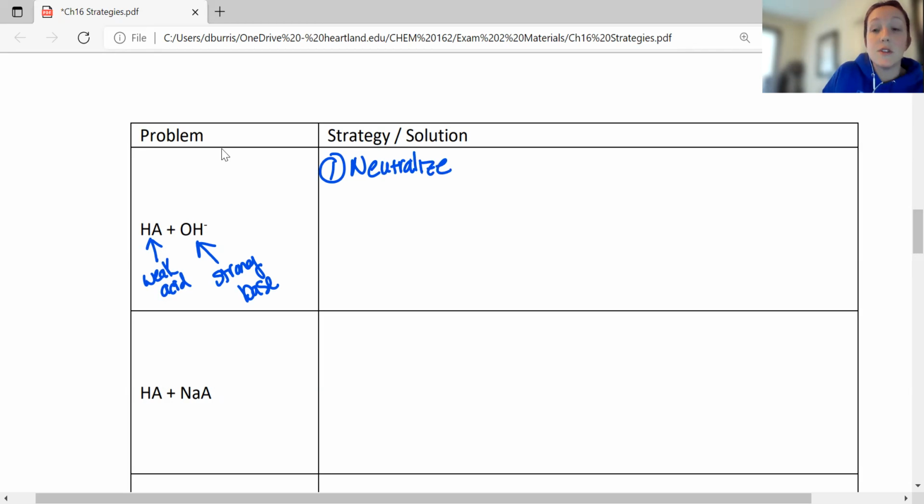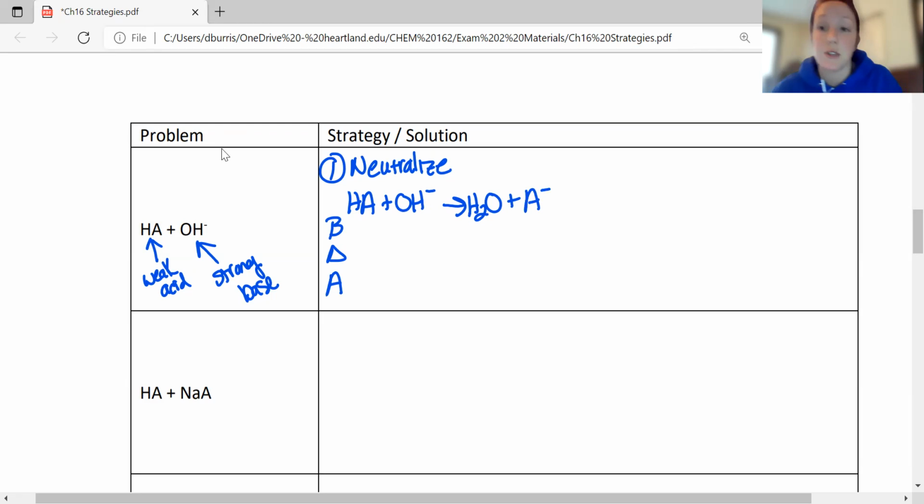If you're adding two things that neutralize each other, you first have to do a before change after table, and that's just for the neutralization reaction. So my acid reacts with my base, and one of my products is going to be water and the other one is going to be A minus. That is the neutralization reaction.